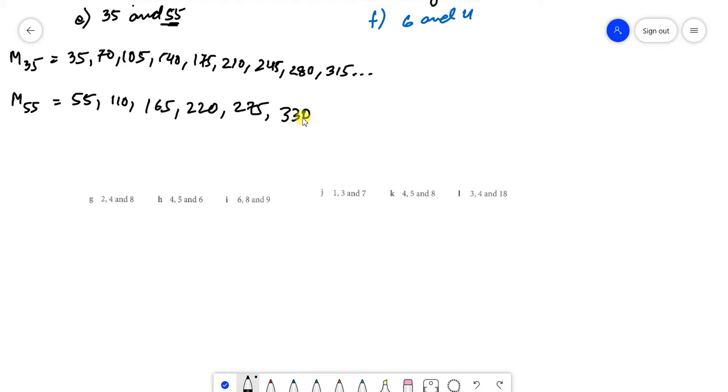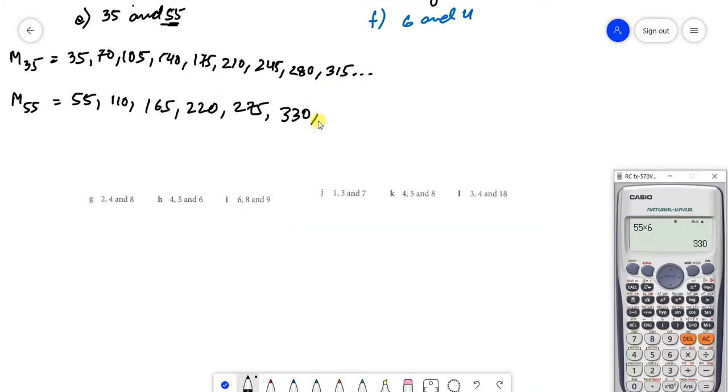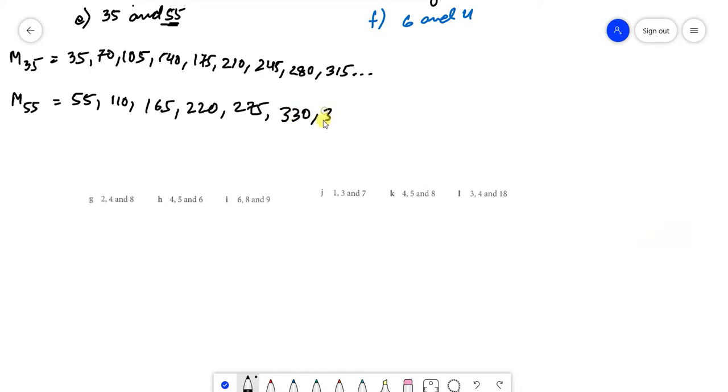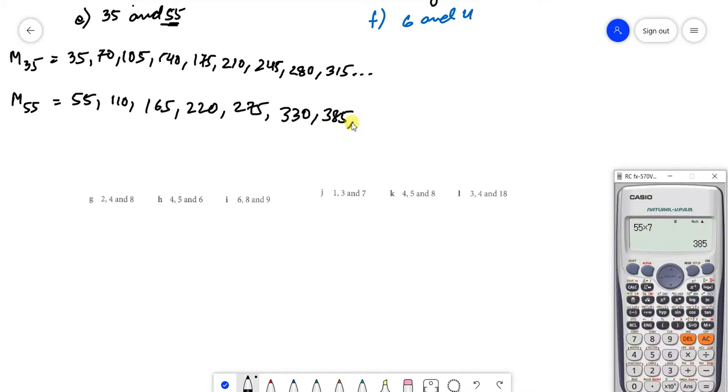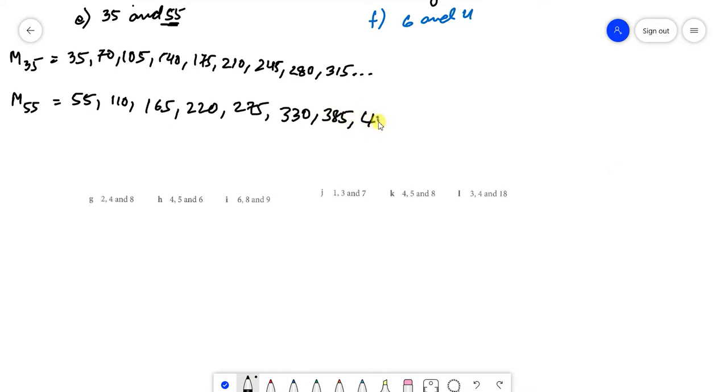So you see, we are still not able to get any common numbers between the multiples of 35 and 55. So that means we have to keep going. 55 times 7 is 385. 55 times 8 is 440.